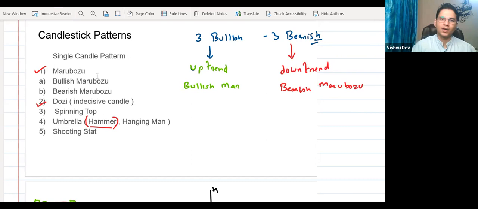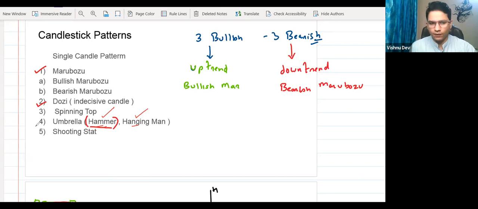Okay. Now, when you talk about the hammer, I guess all of you know what a hammer is. The wick is 2 to 3 times bigger than the body. Hammer and hanging man have only one wick and are shaped like a hammer. The shape of both is the same; the only difference is where it is occurring.